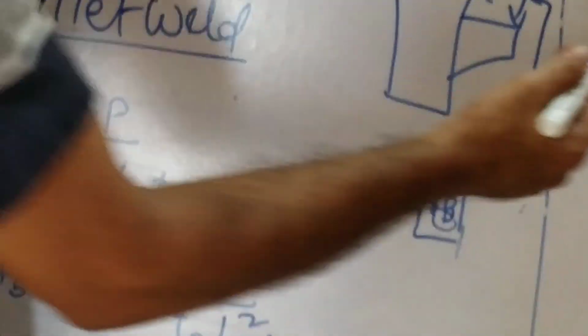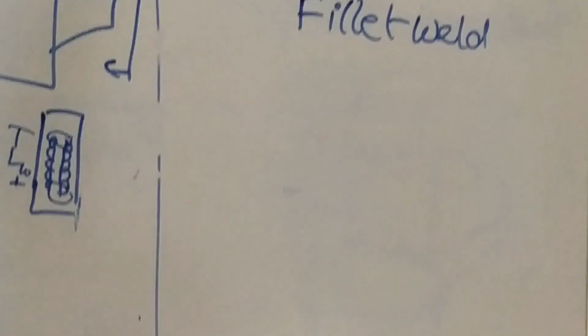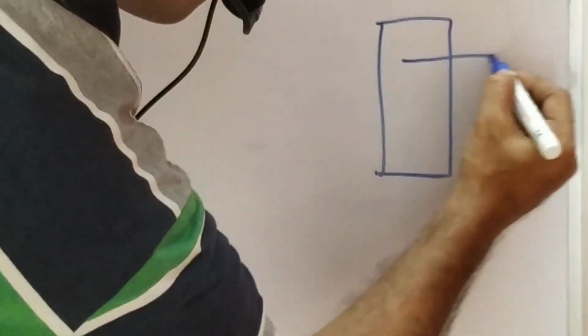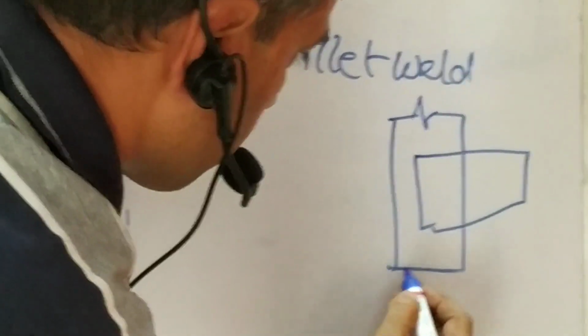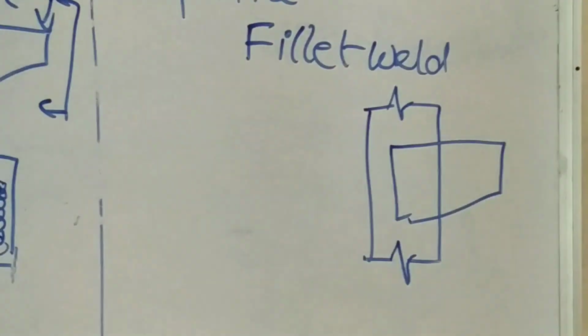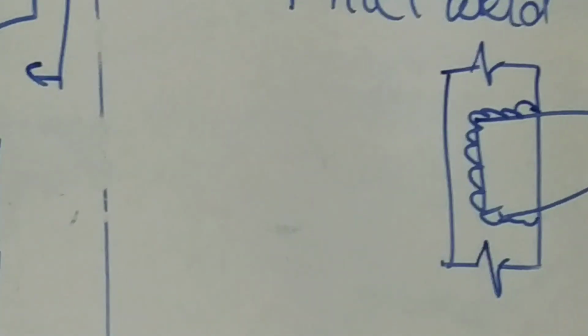Now, coming to the in plane bracket, I have a plate and the flange plate both in the same plane. That's why I call it in plane, where the welding is in the form of a C. Right?